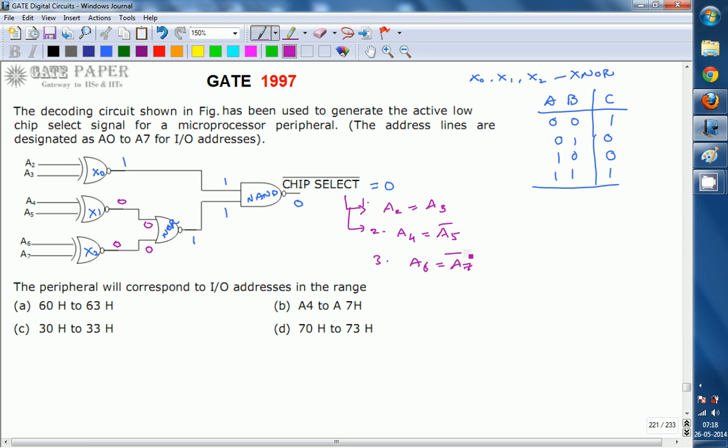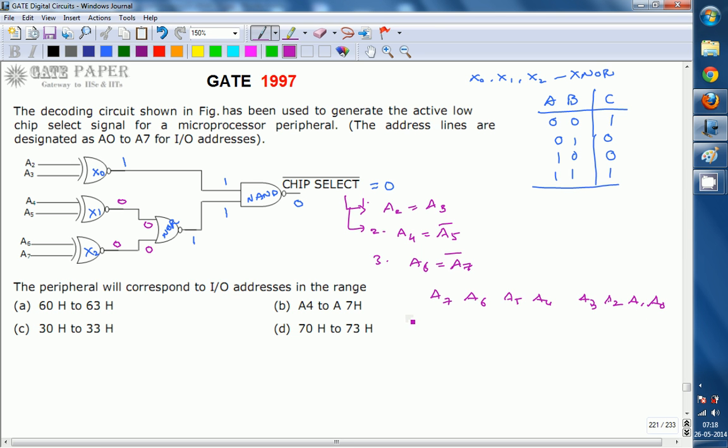If these three conditions are satisfied, the chip select generation is right. We write the address as A7, A6, A5, A4, A3, A2, A1, A0.